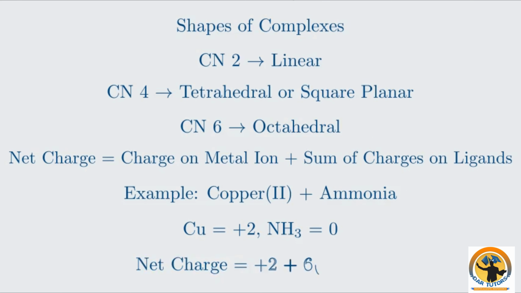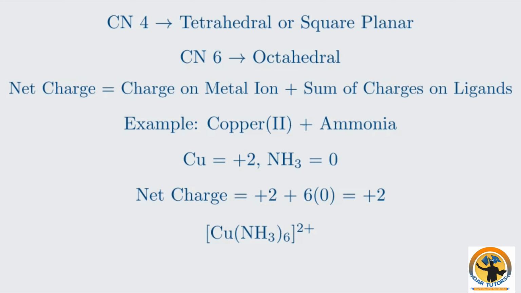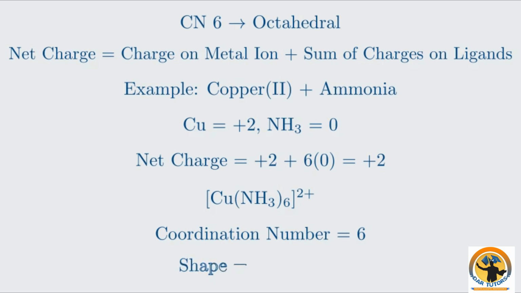Ammonia is a neutral ligand. If 6 ammonia molecules coordinate to the copper-2 ion, the overall charge on the complex is +2 + 6 times 0, which equals +2. The complex ion, [Cu(NH3)6]2+, is called hexaamminecopper(II). The coordination number is 6, giving it an octahedral shape.